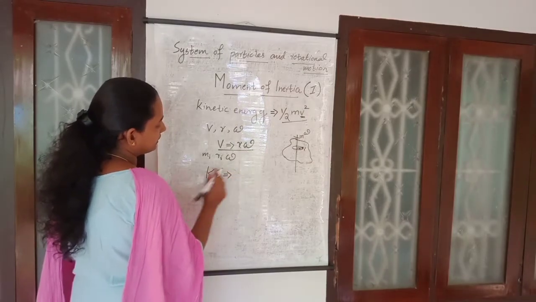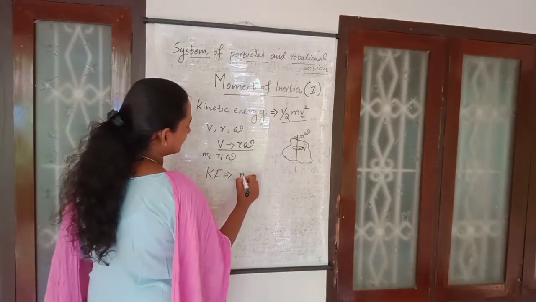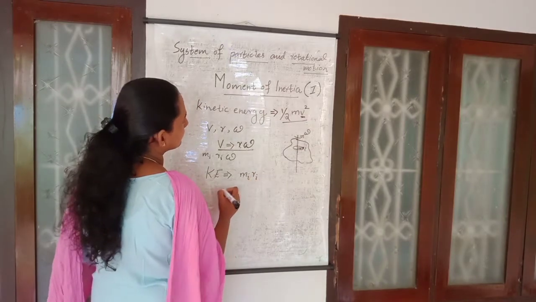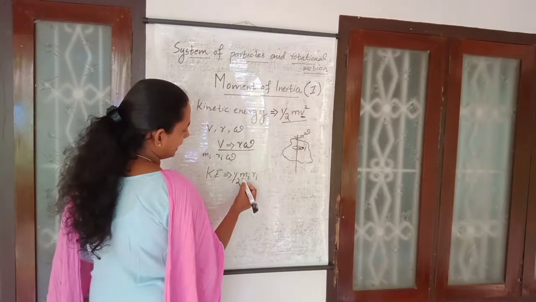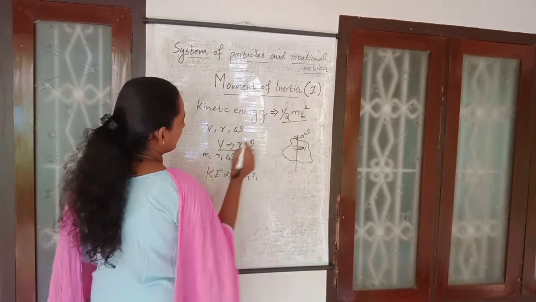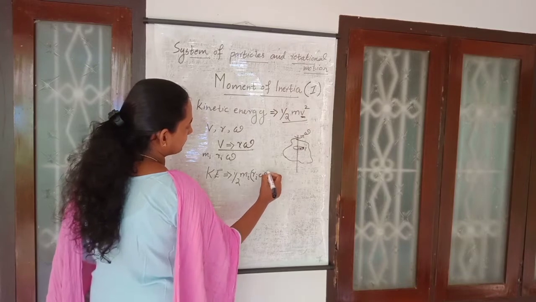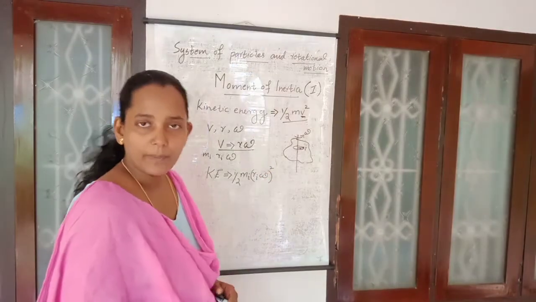You can write the kinetic energy of a particle with mass mi as half mi v square. V means r omega, therefore half mi ri square omega square. Here we are not writing it as omega i.